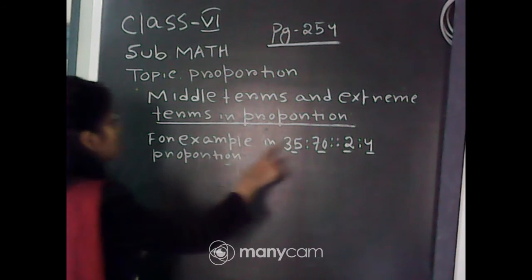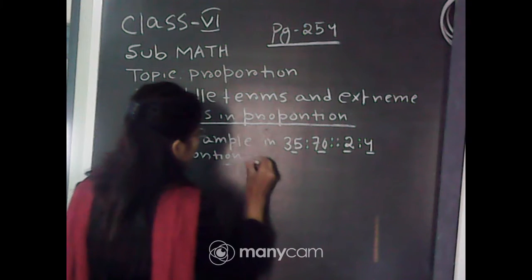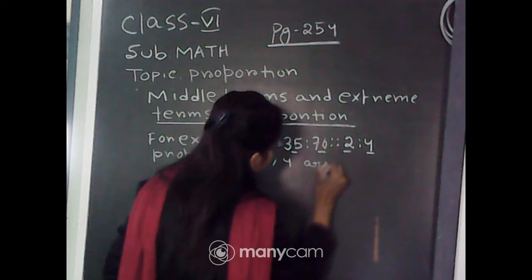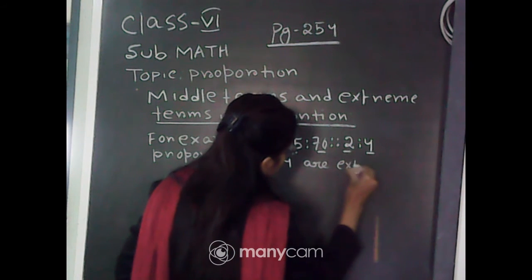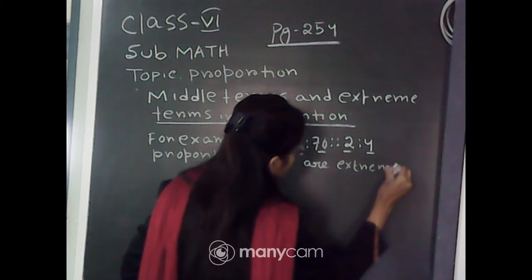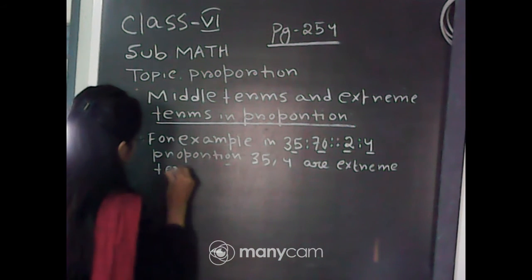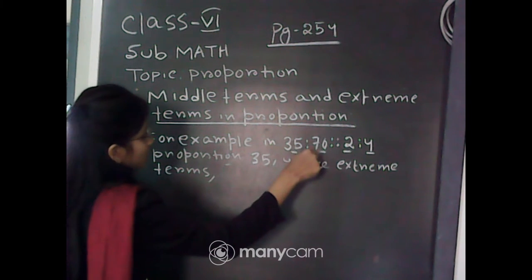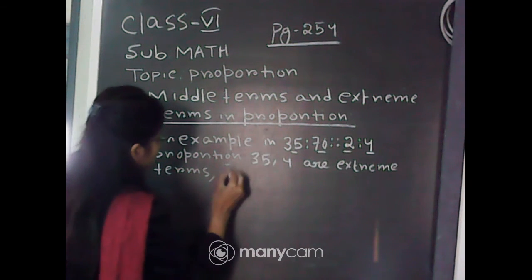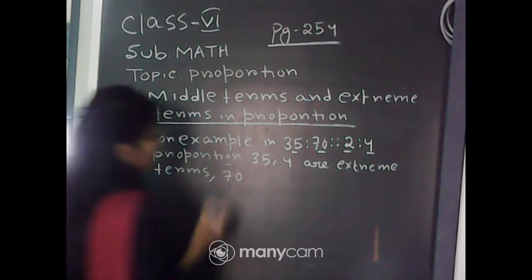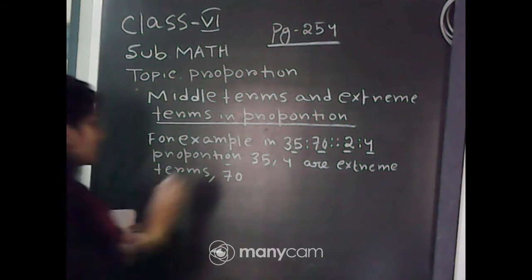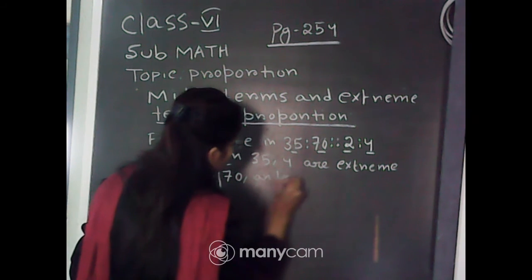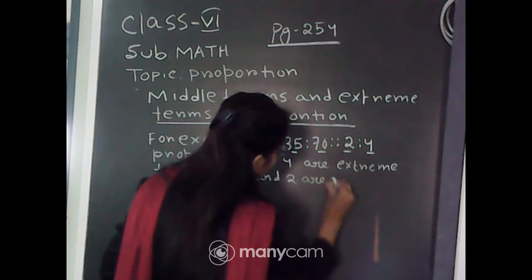So, in this proportion the terms 35 and 4 are extreme terms, and the terms 70 and 2 are middle terms, since second and third terms are middle terms.